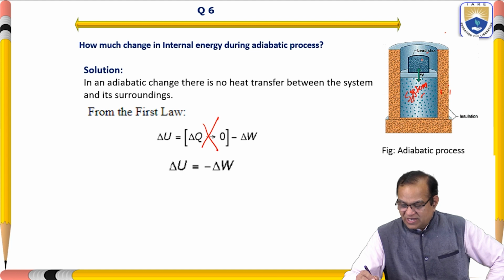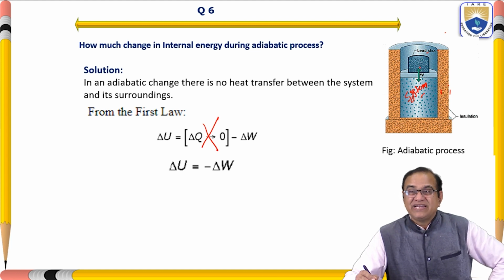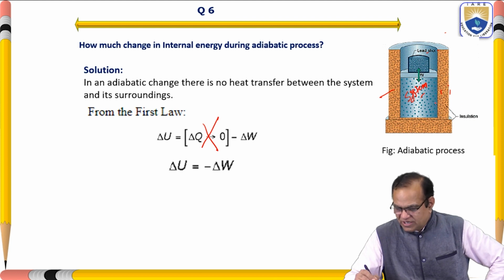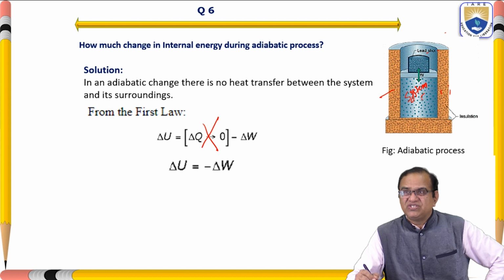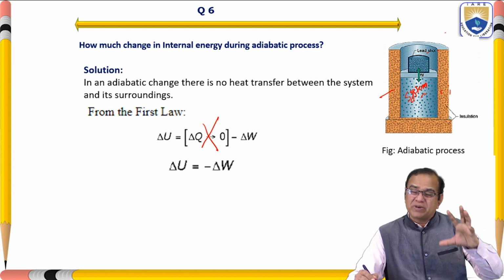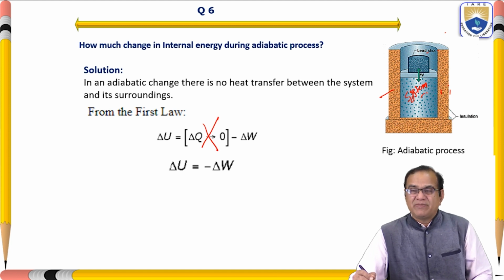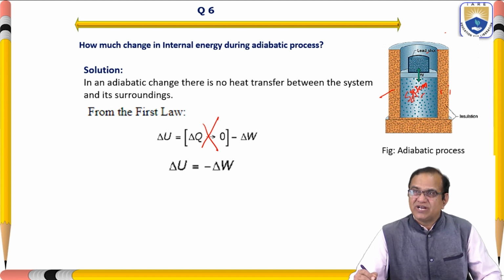And this work will be equivalent to the internal energy, and this is the insulation which we have shown here, a fully insulated system. And if it is like a piston and the cylinder of an engine, the compression and the expansion process are also assumed to be adiabatic. In that, heat addition and the heat rejection is not permitted. It is a fully isolated system.